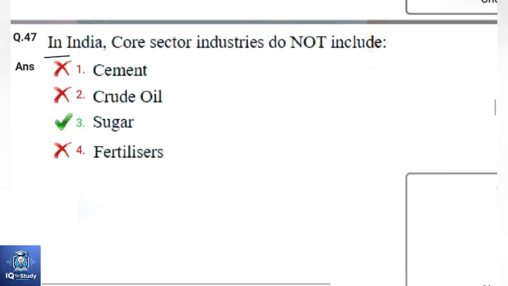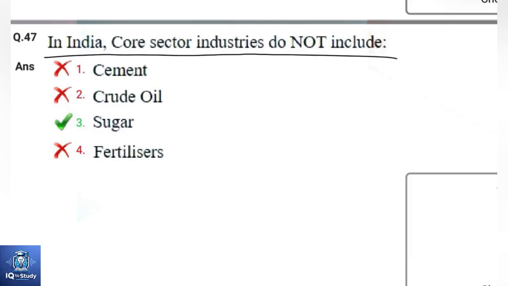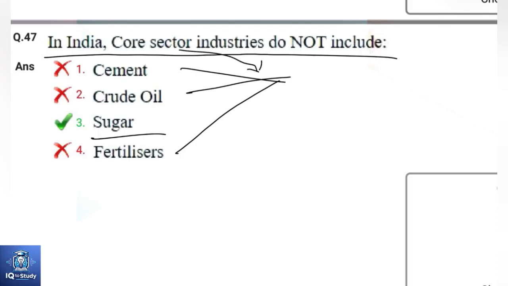In India, core sector industries do not include sugar. Cement, crude oil and fertilizers come under the core sector.